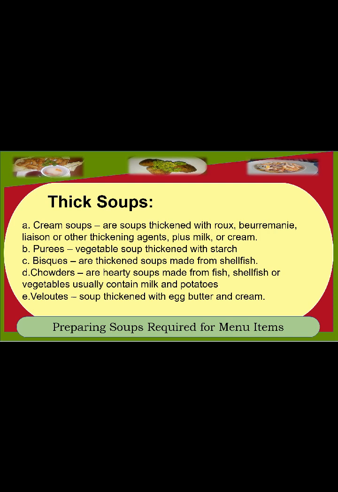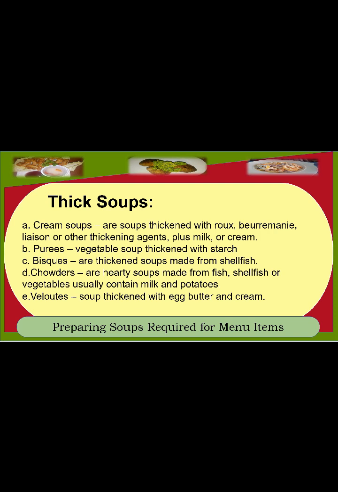For the letter C, bisques are thickened soups made from shellfish. Now, letter D, chowders are hearty soups made from fish, shellfish, or vegetables usually contain milk and potatoes. And the last one, the velouté. This is a soup thickened with egg, butter and cream. So these are the thick soups.